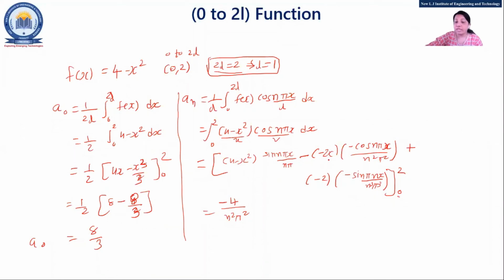So here you need to consider the 2x term also. Both terms become 0, so our answer would be minus 4 upon n square pi square. Clear? Okay, fine. You can mute yourself.